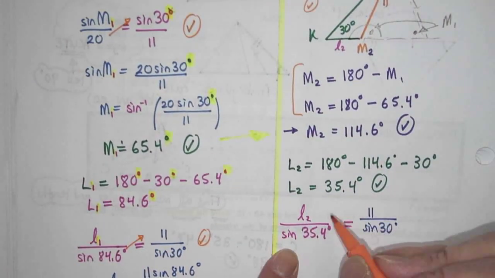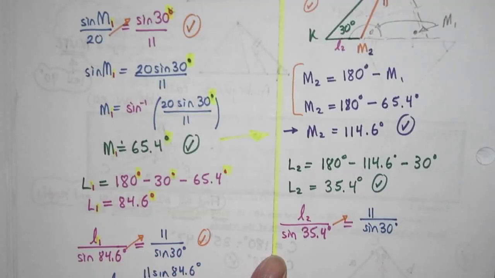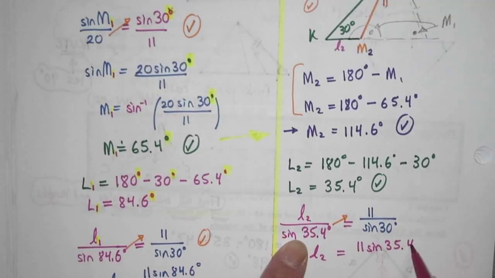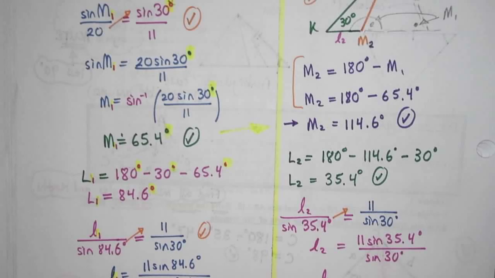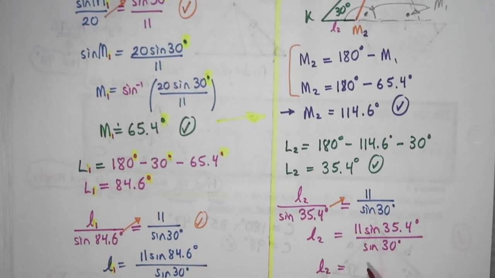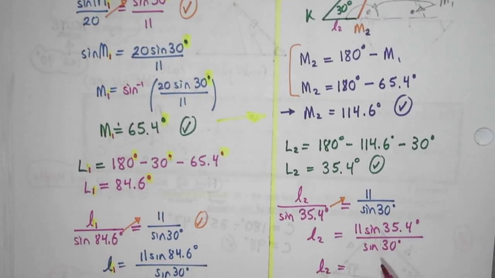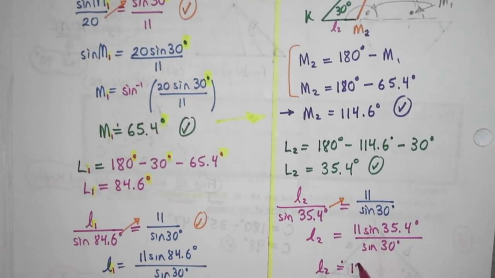Then bring this one up. Again, you don't have to show the next step, but I'm going to show it. L2 equals 11 sine 35.4 over sine 30, and we got approximately 12.7.